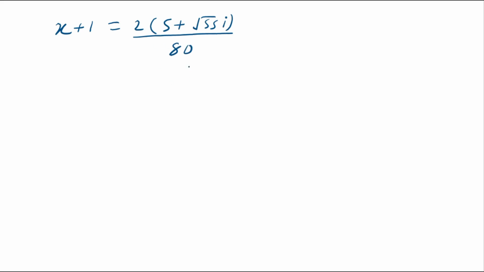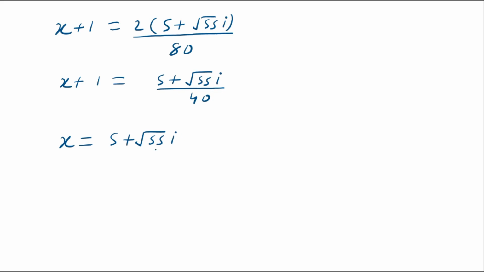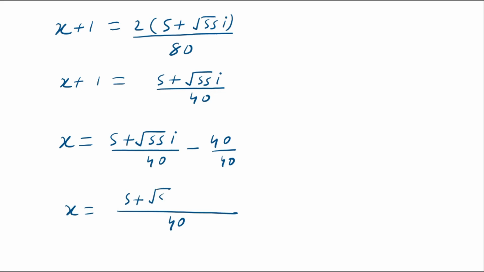In the numerator and denominator divide by 2. Then x plus 1 equals 5 plus square root of 55 times iota divided by 40. If we subtract 1 from both sides, then the value of x equals 5 plus square root of 55 times iota divided by 40 minus 1, and 1 is the same as 40 over 40. x equals, the common denominator is 40, and in the numerator 5 plus square root of 55 times iota minus 40.